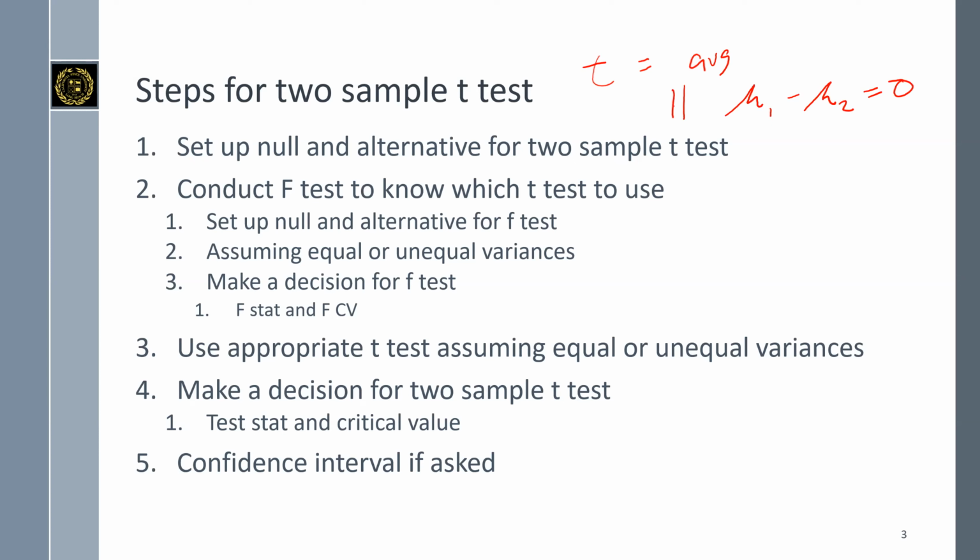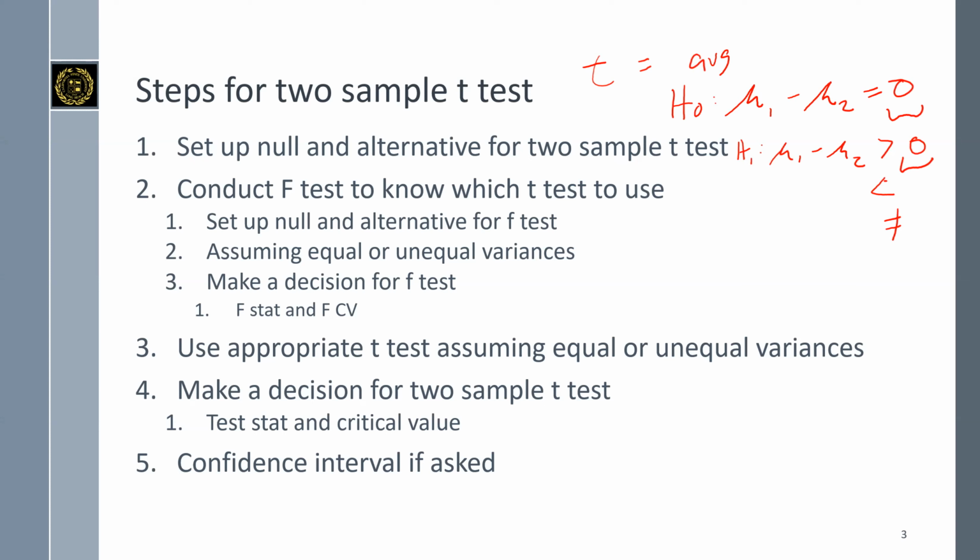This would be your null hypothesis, and your alternative would look something like this. It could be greater than, less than, or not equal to, and this all corresponds to what type of test, whether it's one-tailed, two-tailed, and so forth.